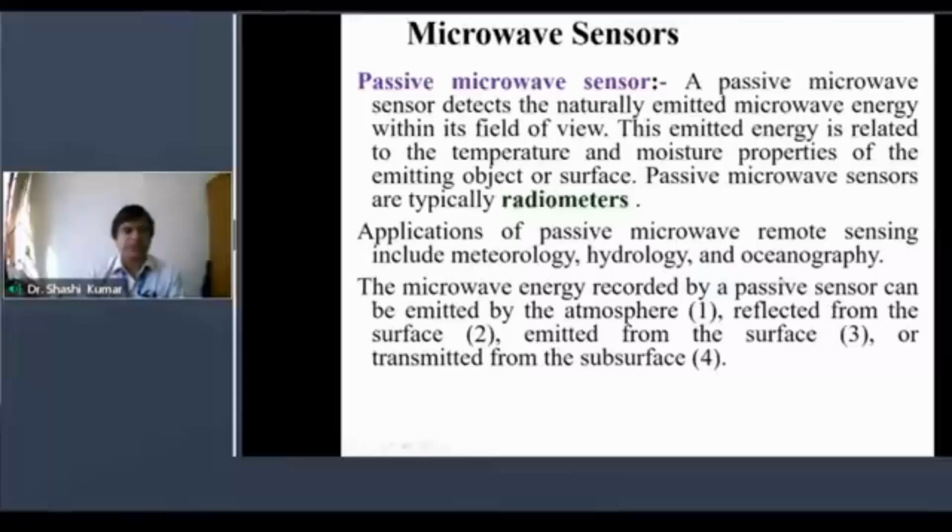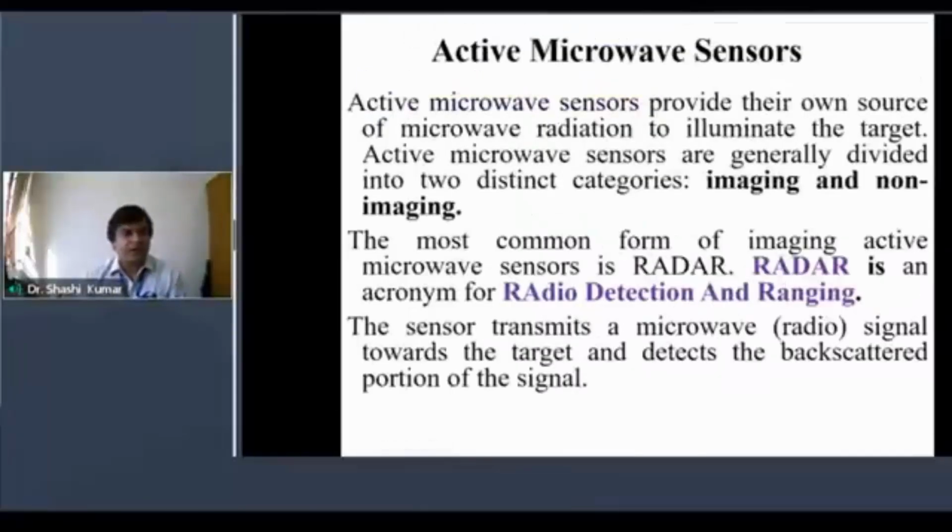as well as oceanography. When we are talking about the active microwave sensors, first of all, we should understand active and passive sensors. Passive sensors are those sensors which cannot generate their own electromagnetic wave, because to do the imaging or to acquire the dataset for any area, there will be a requirement of some kind of electromagnetic wave, some phenomena, like reflected energy or emitted energy or scattered energy.